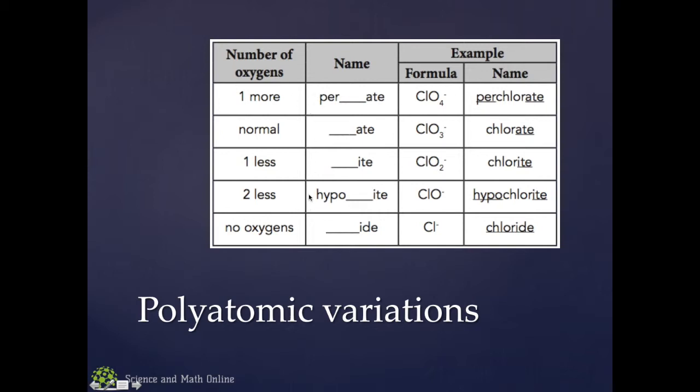Hypochlorite, hyposulfite is another one of these. But these are fairly rare. Both the hypos and the pers just don't show up very often. You'll run into some in your workbook, but that's just simply to make you think and practice that. But in terms of everyday life, you just don't run into the per-ates and the hypo-ites very often. It is mostly the normal ones, with a little bit of these. And so that's just simply what I want you to know there. So once again, let's look at some examples here.